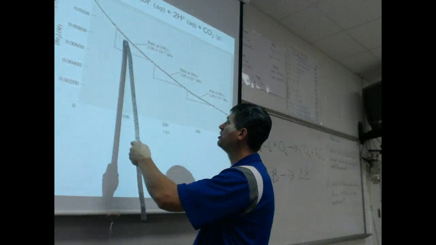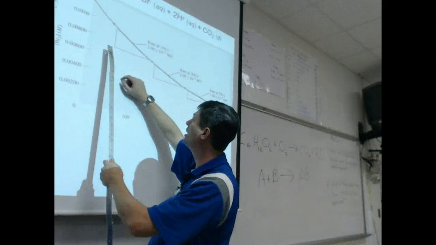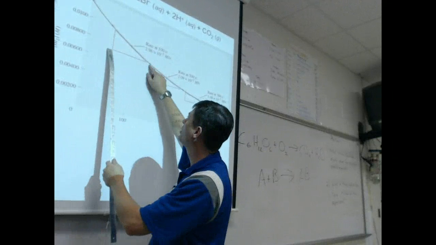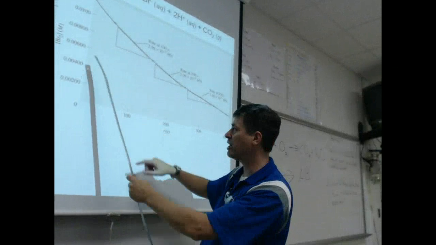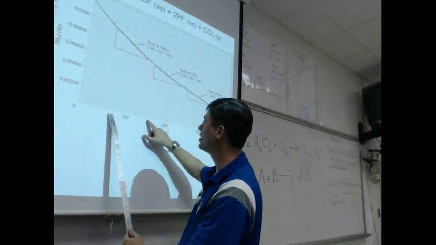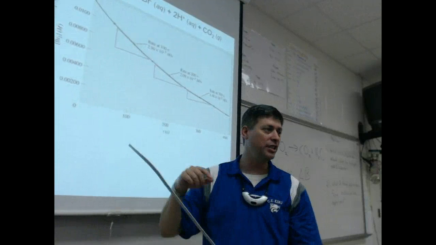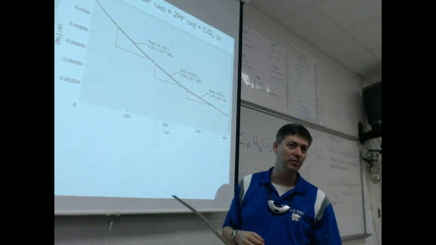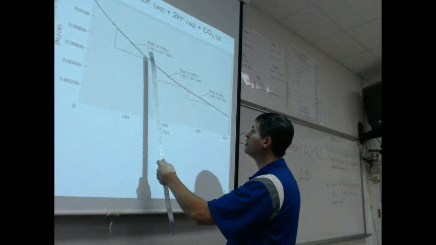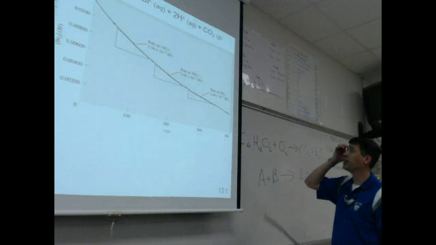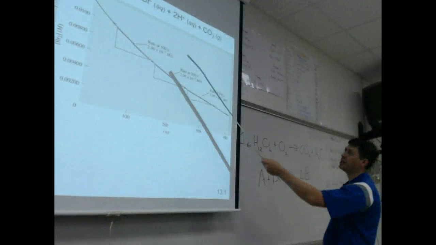Take the line tangent, make a triangle out of that line, then find your change in concentration and your change in time. I'd have you do this on this slide, but I mean, we'd be guessing. I need the lines in there to make it a little more precise. And the farther we go along, the slower the rate is going to be. You can see the rate is going down.